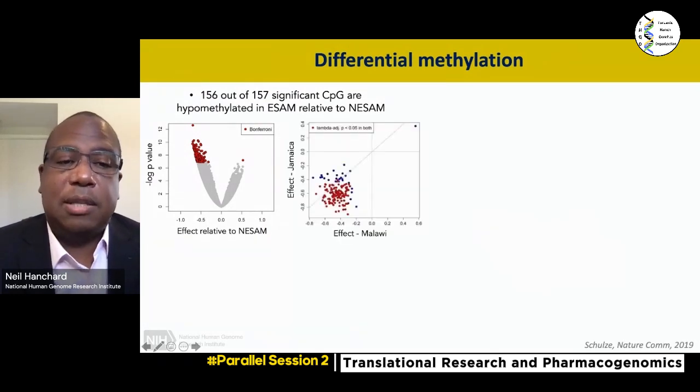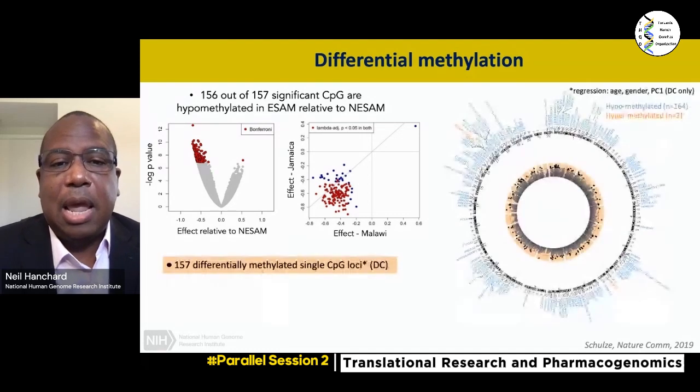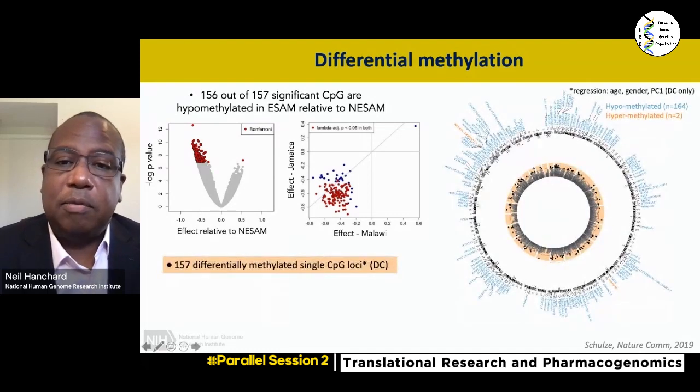We also saw that this effect was similar in magnitude and direction in Jamaica and Malawi, and that the CpG loci involved are spread all throughout the genome, which you see represented here on the outer ring, and the black dots represent the individual loci on the inner ring.